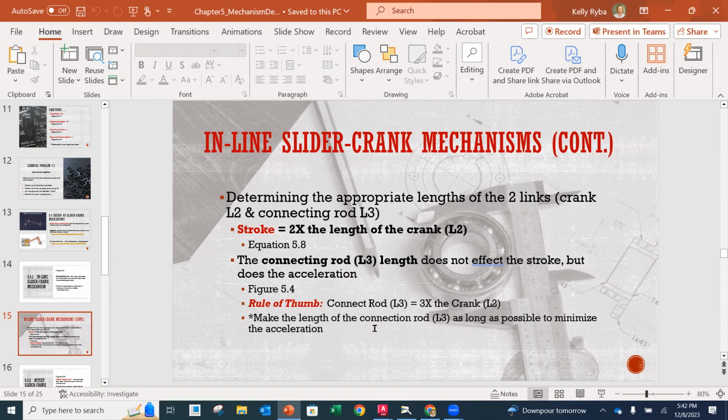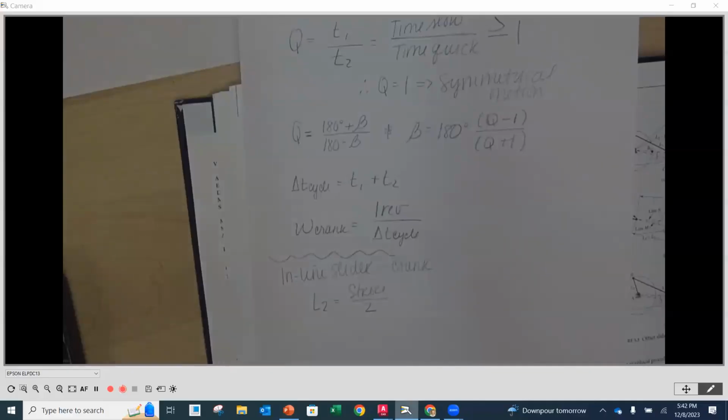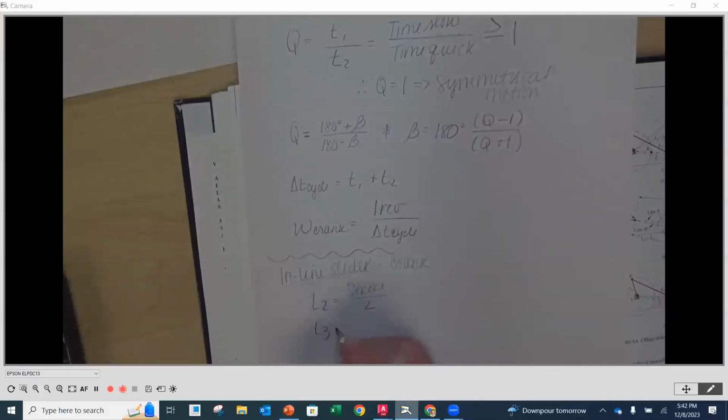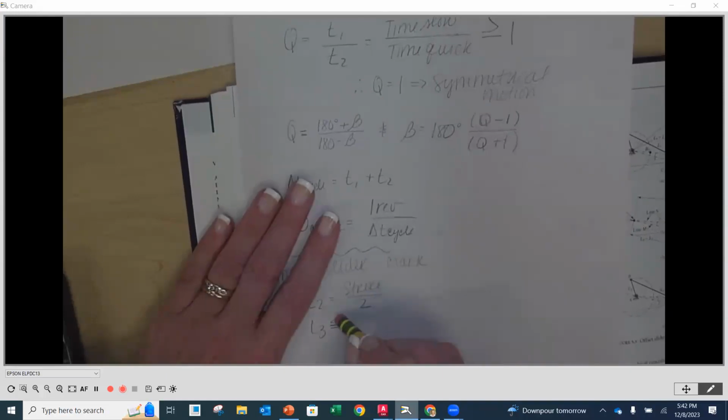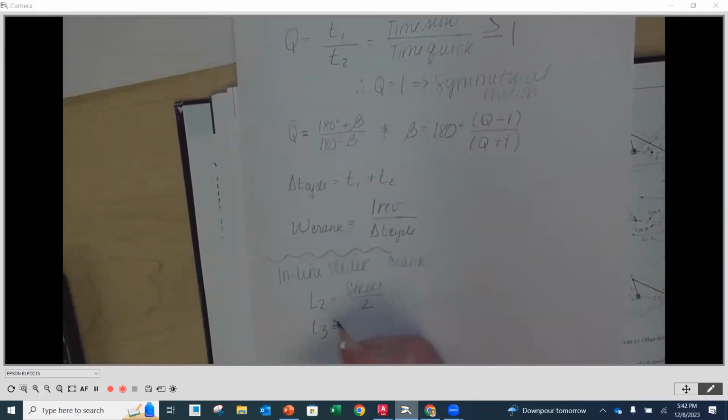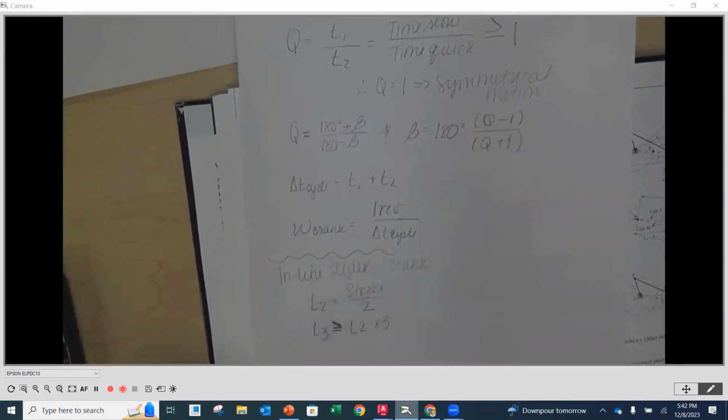So L3 needs to be equal to or greater than L2 times 3, or 3L2.